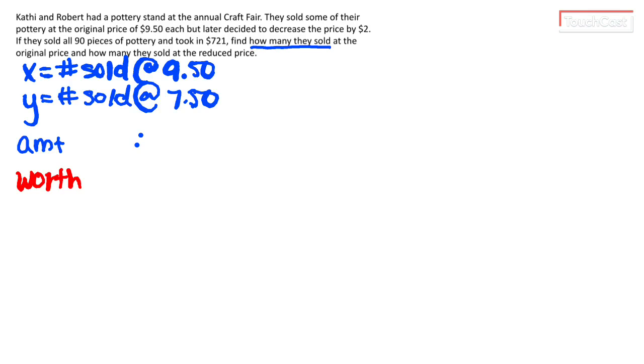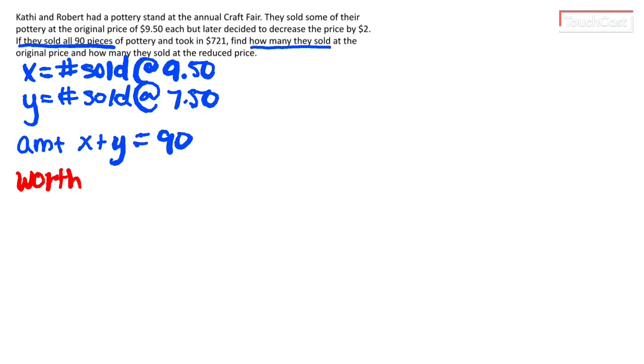So if we start with the amount one, we see that they sold a total of 90 pieces. So that means the number that they sold at $9.50 and the number that they sold at $7.50 have to add together to give us 90. So we've got x plus y is equal to 90. And then we want to write our worth statement. In this one, we've got some amount sold at $9.50 and then some amount sold at $7.50.